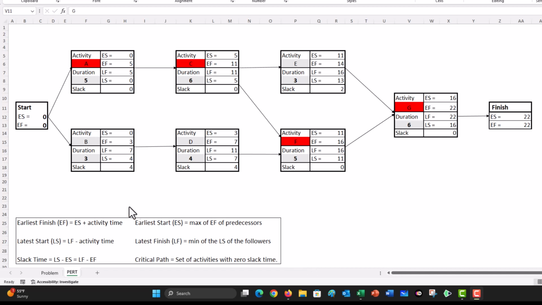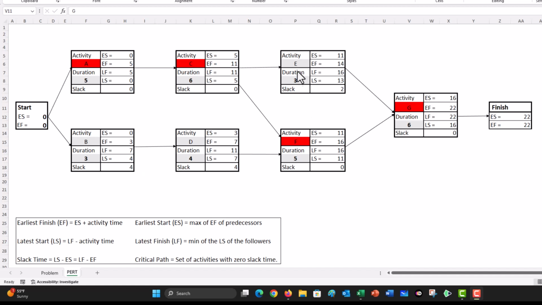Let's take a look at, for example, activity B. Its earliest start is day 0. Its latest start is day 4. It has a 4-day slack time. That means this activity can start as early as day 0, or it can be delayed up to 4 days and start at day 4 without delaying the project completion time.